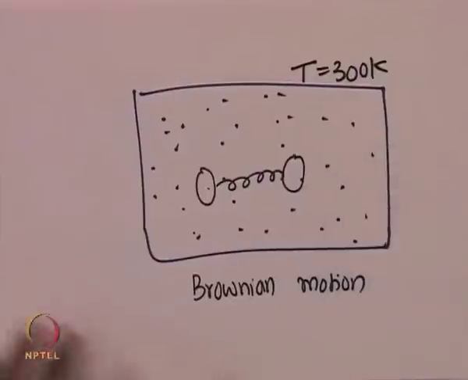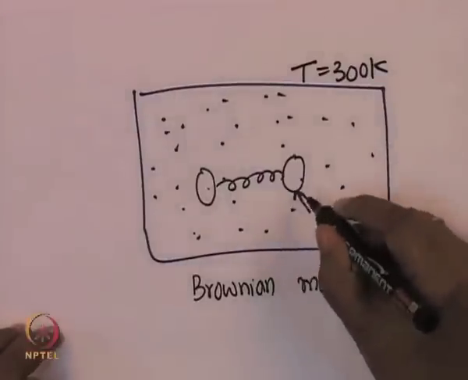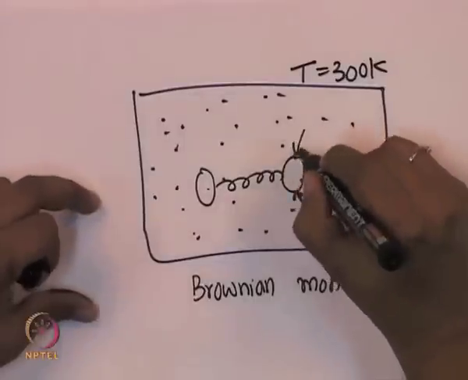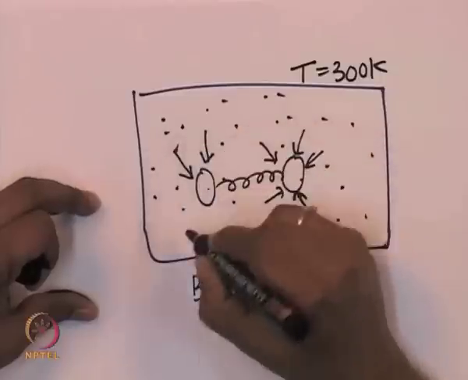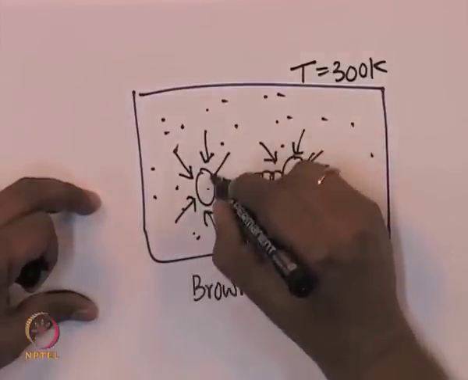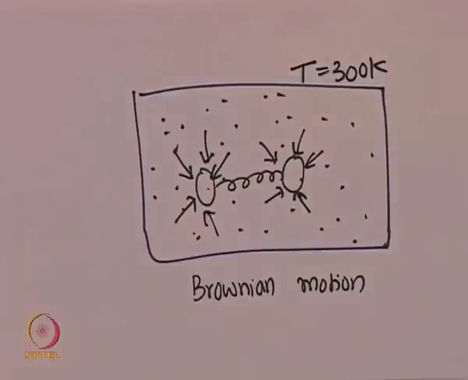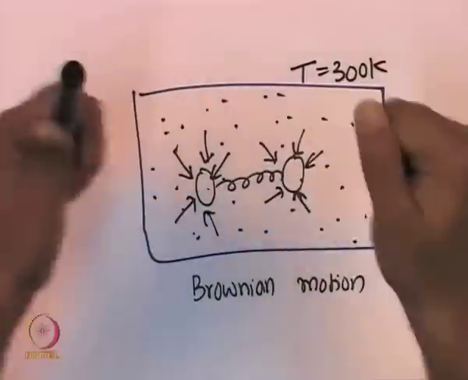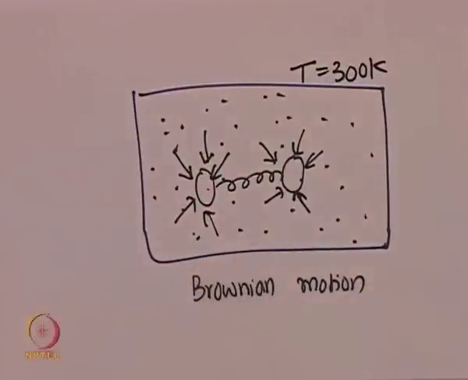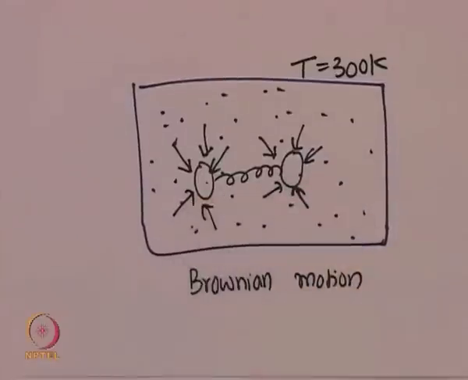When they do zigzag motion, they go and hit these atoms from all sides. These arrows represent water molecules going and hitting these atoms. So, when water molecules hit these atoms, the atoms also start vibrating. Essentially, the positions of these atoms will fluctuate.